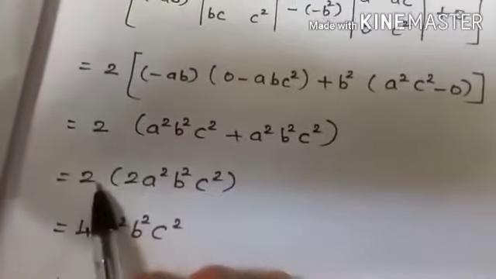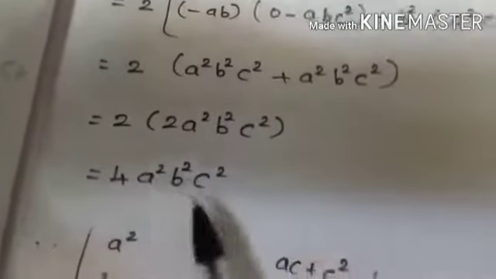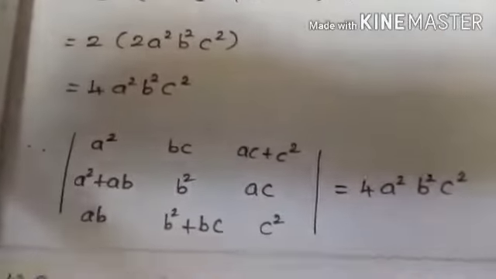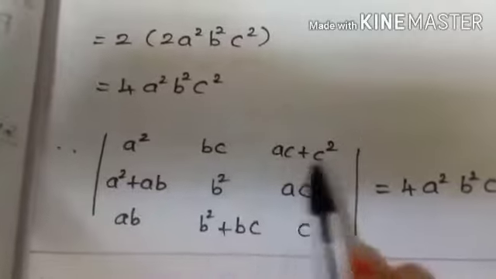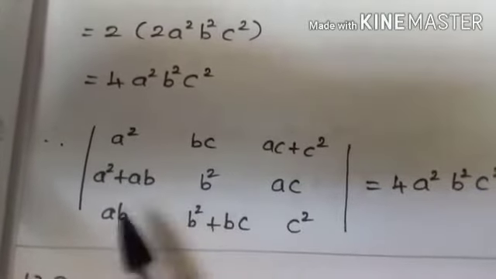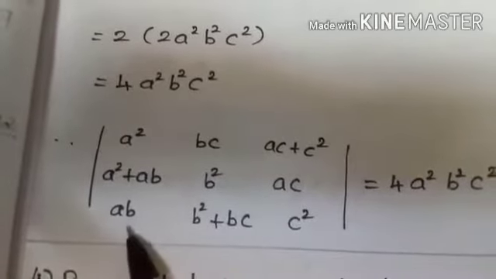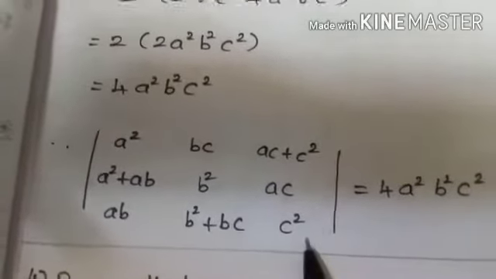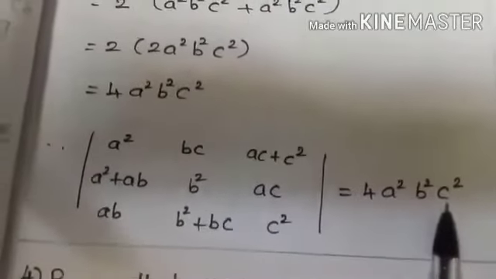So already we are having 2 into 2 A squared B squared C squared, which is equal to 4 A squared B squared C squared. So therefore the determinant of A squared, BC, AC plus C squared, A squared plus AB, B squared, AC, AB, B squared plus BC, C squared is equal to 4 A squared B squared C squared. Next question.